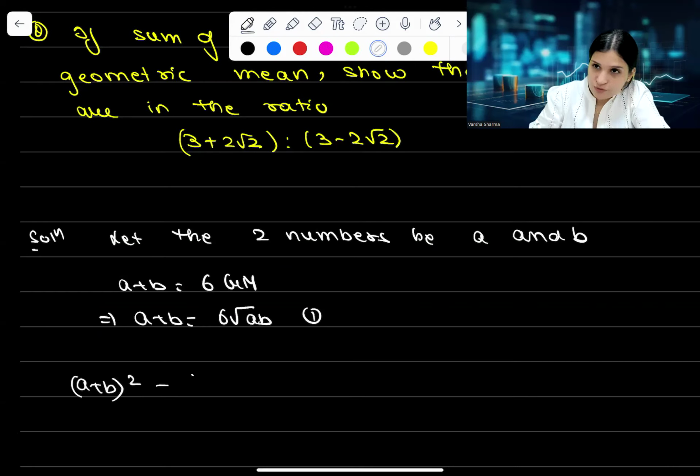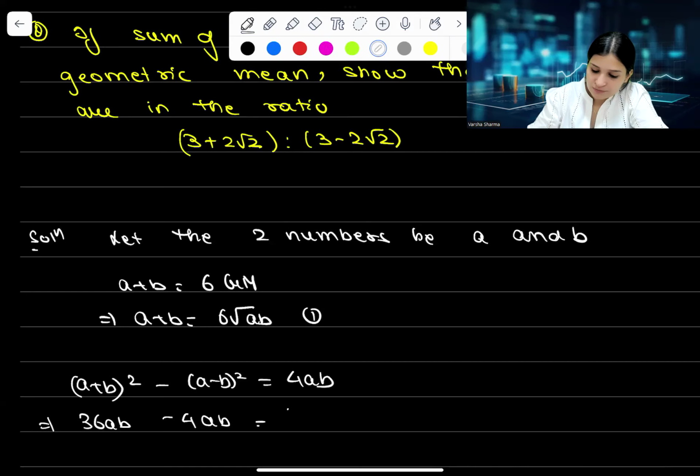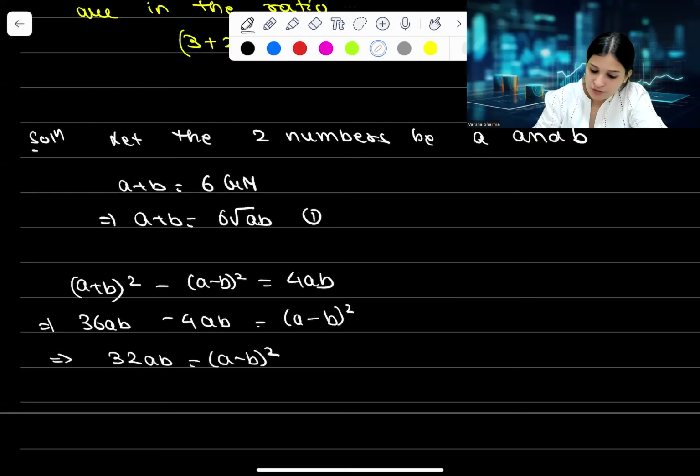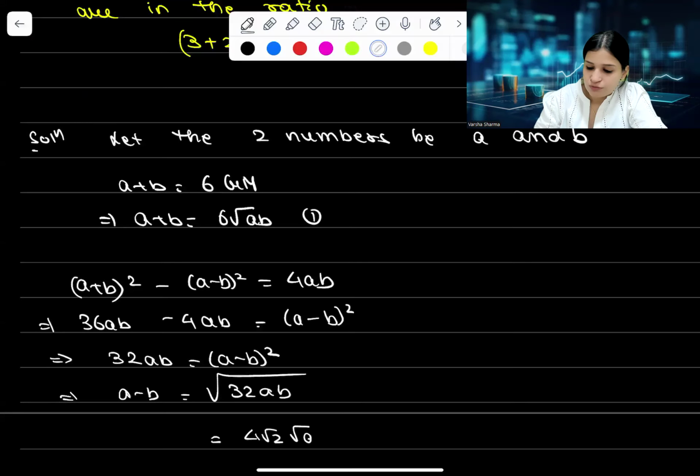(A plus B) whole square minus (A minus B) whole square is 4AB. So 36AB, 4AB comes this side. 32AB equals (A minus B) whole square. A minus B is under root 32AB. 32 is 16 into 2. So 4 root 2 root AB.